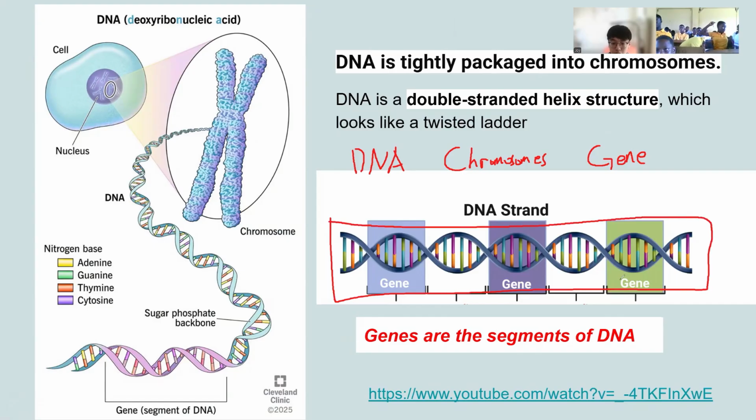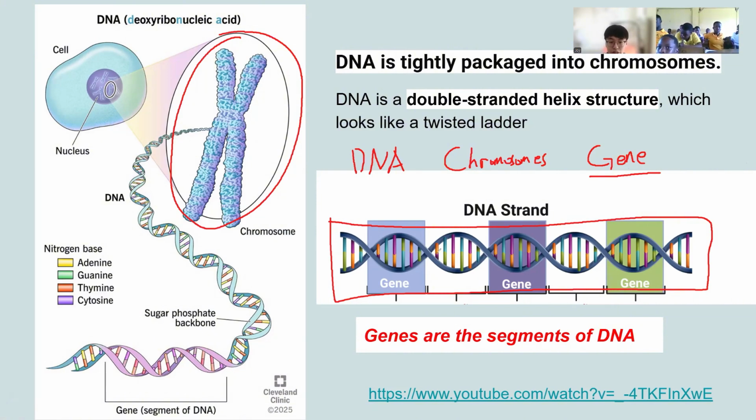It's shaped like this. It's double-stranded. And chromosomes are formed by packaged DNA or coiled DNA. So it's like this. And parents pass chromosomes to offspring. And then there are also segments called the genes.